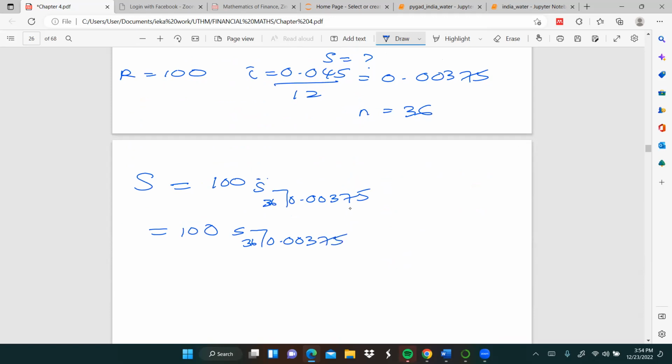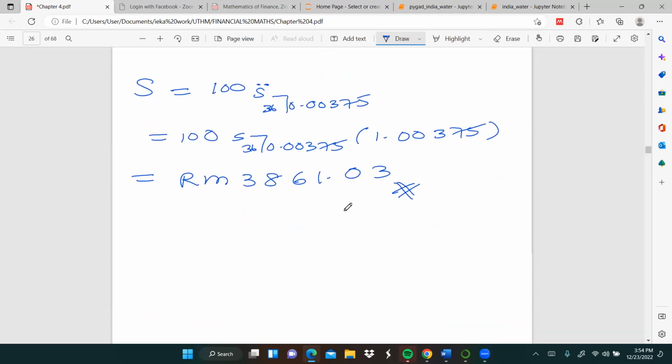Beza yang ni ada titik atas dia tu. Lepas tu kalau kita hilangkan yang titik tu, dia akan darabkan dengan 1 plus I. So jawapan akhir dia ialah RM3861.03. This is the accumulated value after 3 years.